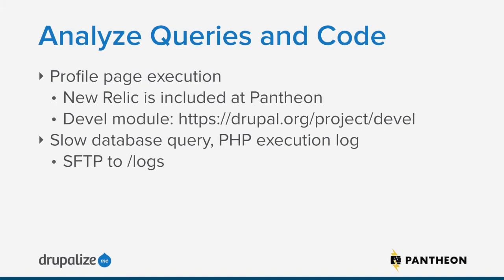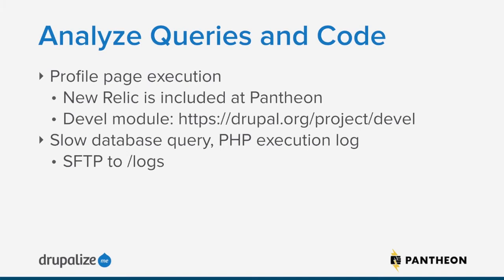Profiling page execution using low-level tools like New Relic, which is included with Pantheon, will aggregate your performance statistics and give you a good sense of what's going on overall. Additionally, you can use modules like Devel, which has a really nice introspection and debugging tool specific for Drupal that really shows you what's happening when your Drupal page is being built and loaded.